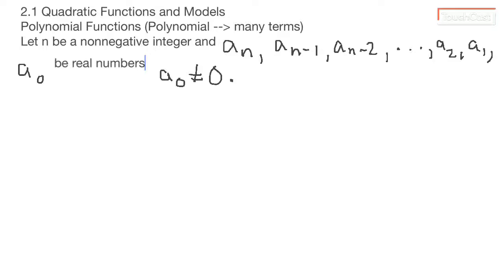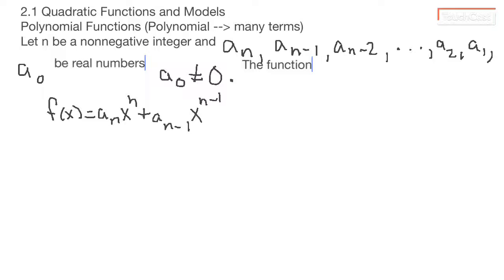Then what we can say is the function f of x equals a sub n times x to the nth power plus a sub n minus 1 times x to the n minus 1 power plus, that's going to keep going until we get to a sub 2 x squared plus a sub 1 times x plus a sub 0.